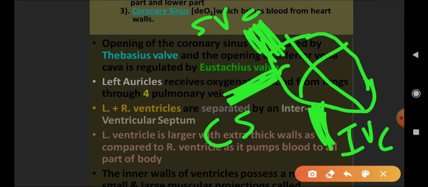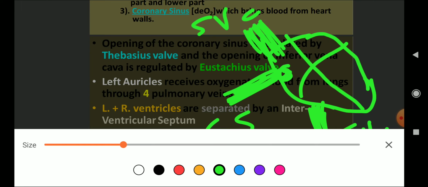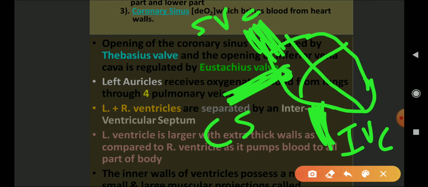The coronary sinus at this point has a valve. Let me change the color. Here there is the Thebesian valve, and here there is the Eustachian valve. The inferior vena cava and superior vena cava both mingle together and open into the right auricle.